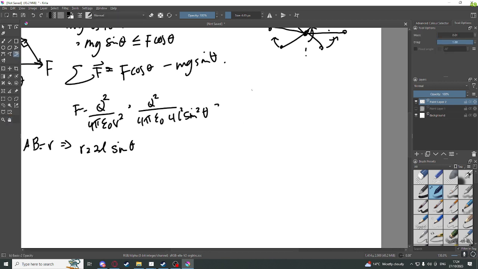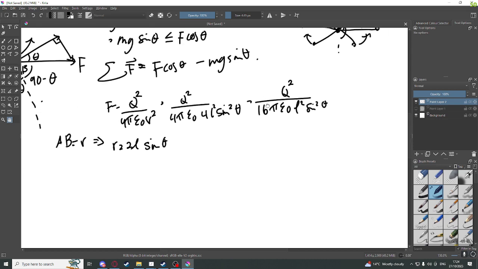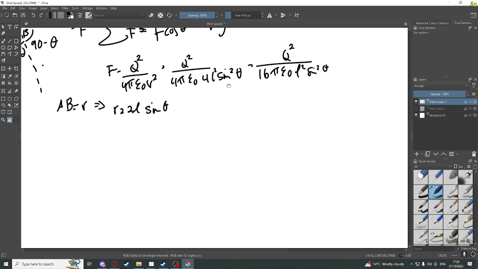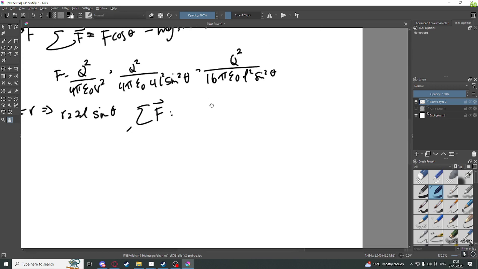Just simplifying this further, this becomes Q squared all over 16 pi epsilon 0 L squared sine squared theta. Now our net force is equal to F times cos theta.